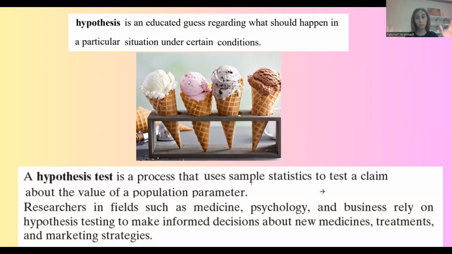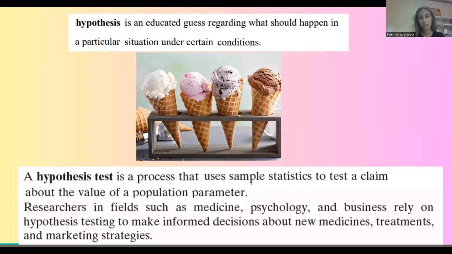Instead of working with the population itself, we're going to grab a random sample and work with that random sample. That parameter can be the mean, the proportion, or other parameters.